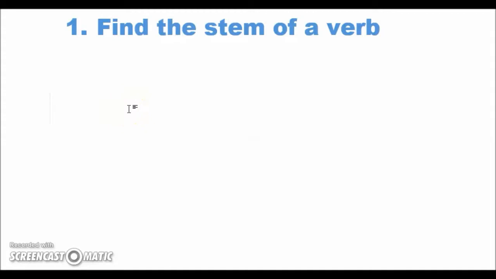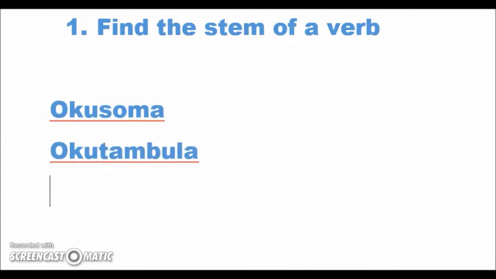For example, to read is okusoma. To walk is okutambula, and to work is okukola. I'm sure you notice the oku is the infinitive marker in Luganda.